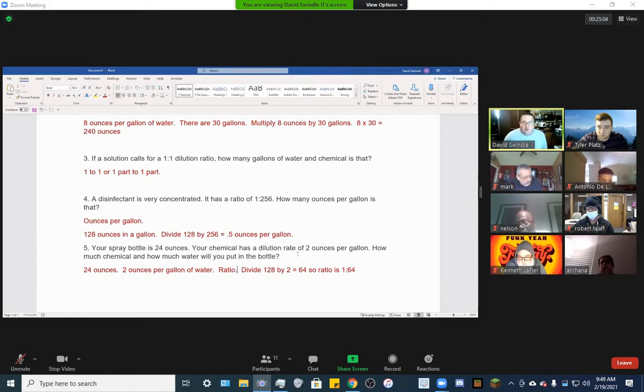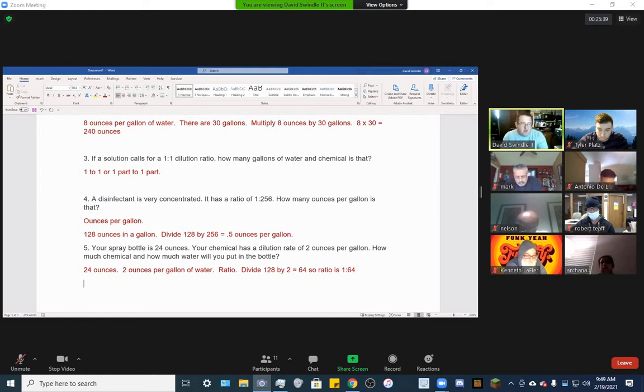This is why it's important to know how to find the ratio, because that's the first thing you have to do when you're dealing with a smaller container. Find the ratio. So we took 128 ounces divided by 2, because that's what we said, 2 ounces per gallon of water. That is 64. So our ratio was 1 to 64. Okay, that's part 1 to understand this problem.